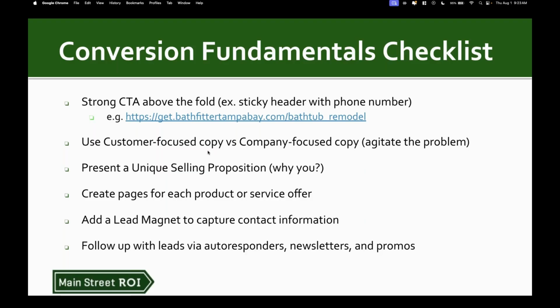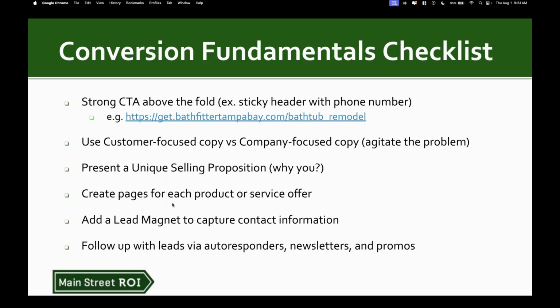We want to make sure that what we're doing instead is talking about how we can address the pain point faced by this customer and how our business can help them transform from this undesirable state that they're in now to a more desirable after state, and that our business is the guide to help them do that. You want to present a unique selling proposition. So why should someone choose to do business with you versus anyone else in your industry? What makes you special?